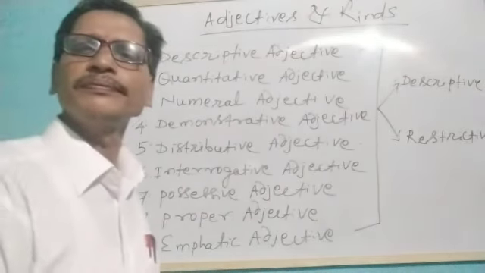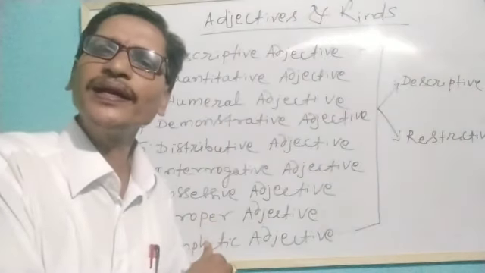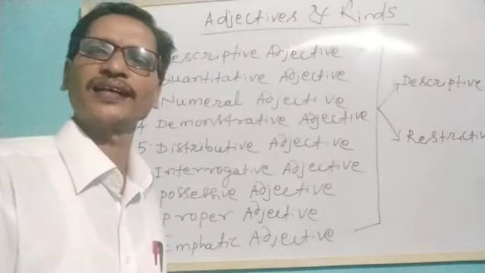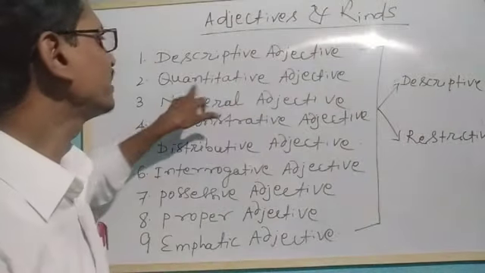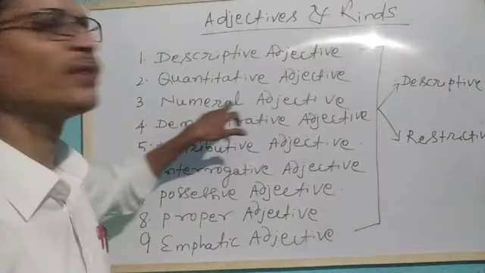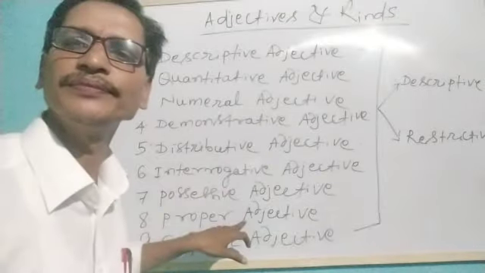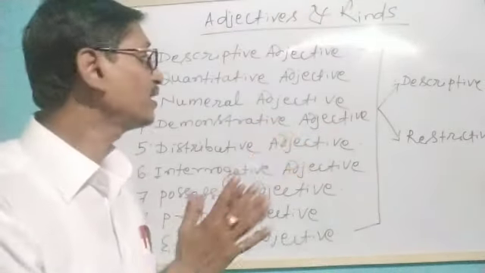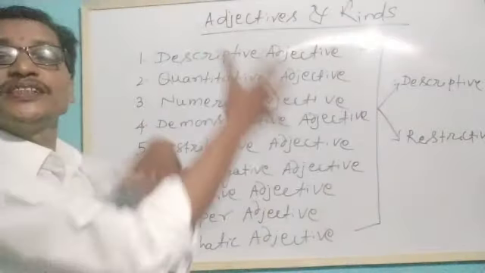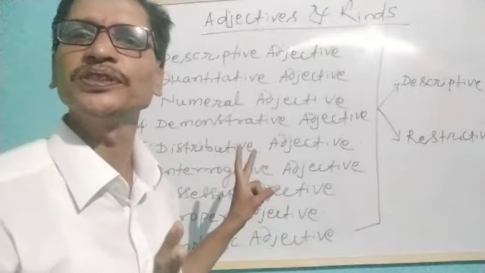And among them, we discussed 3 different kinds in our last class, such as the descriptive adjective, quantitative adjective, and numeral adjectives. We have some other adjectives as well. But as I have told you in the previous class, all those adjectives have been grouped under 2 different groups.